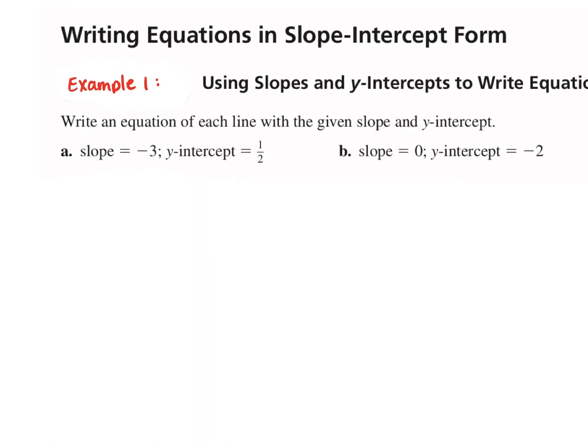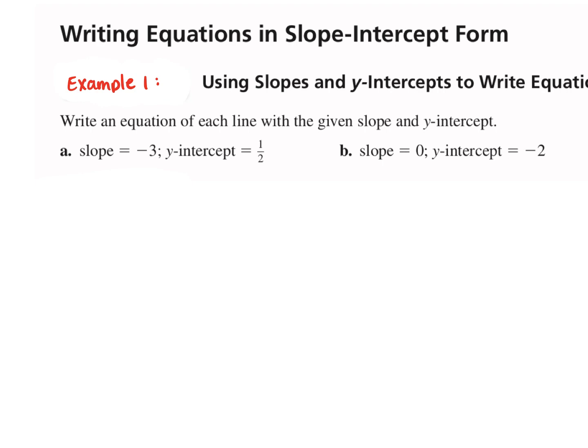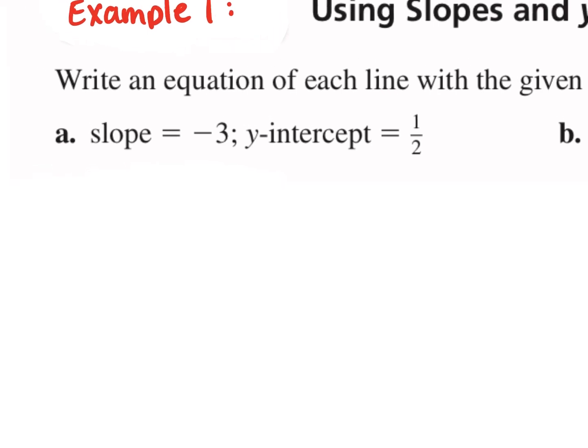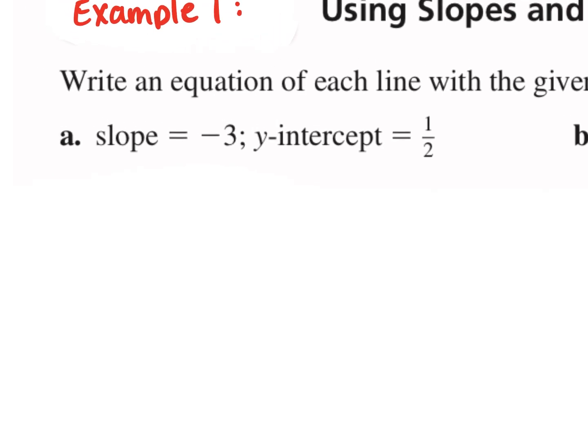In example 1, we need to write an equation of each line with the given slope and y-intercept. If it gives us the slope and y-intercept, we can just plug into slope-intercept form, y equals mx plus b. It's our favorite form.